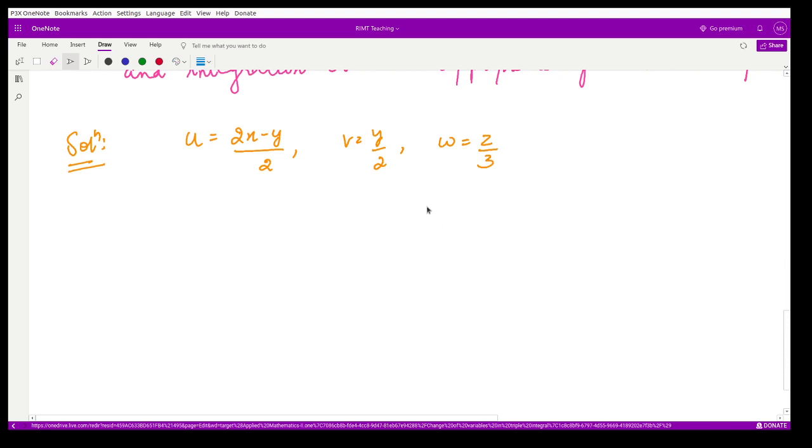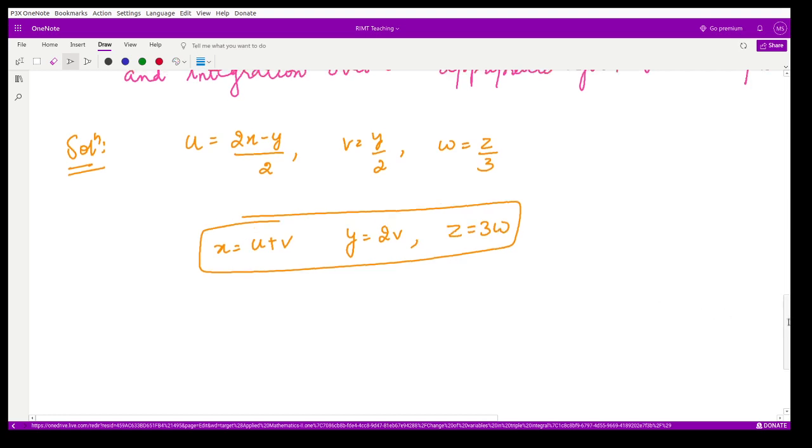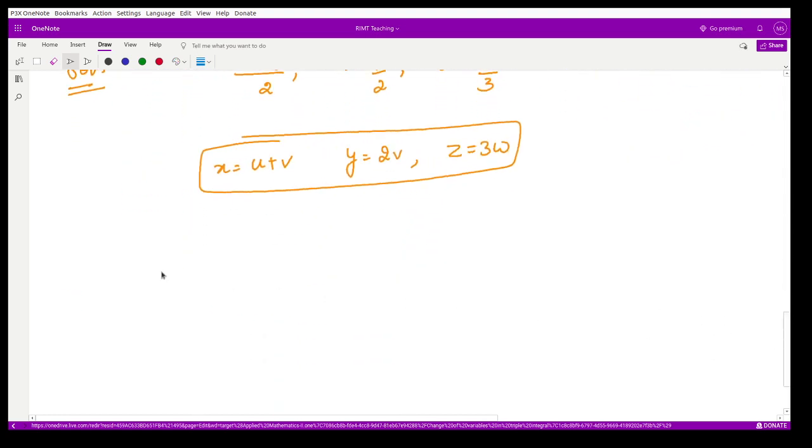Once you calculate the values, you obtain z is equal to 3w, y is equal to 2v, and x is equal to u plus v. Now we have to see how our limits change.